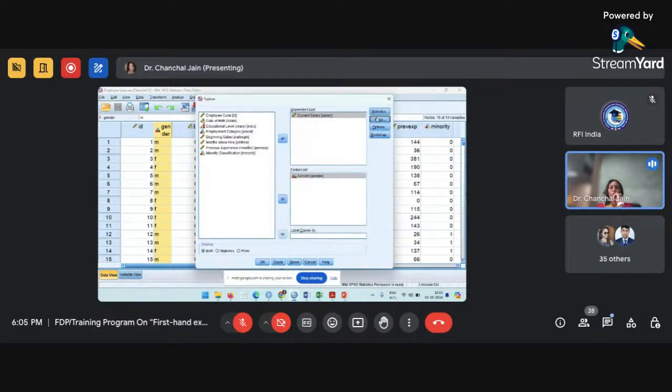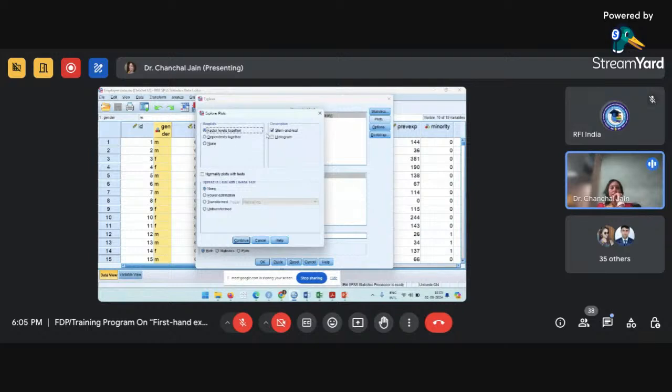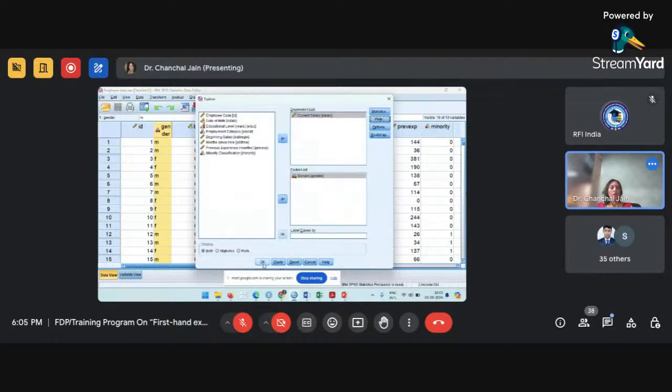Click on Plots. Select the histogram here, deselect stem and leaf, and select normality plots with tests. Done. Then continue. Click on Continue, click on OK.